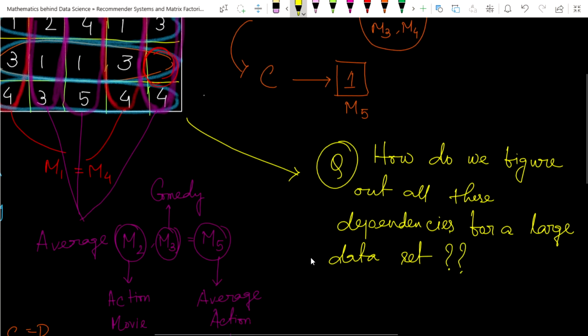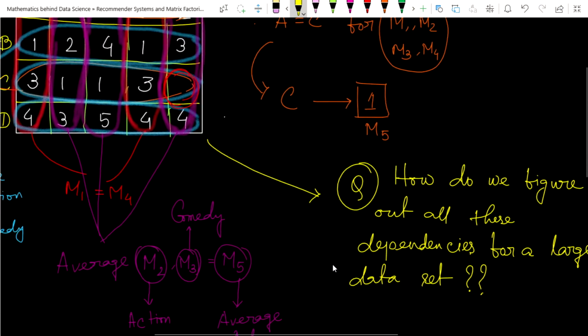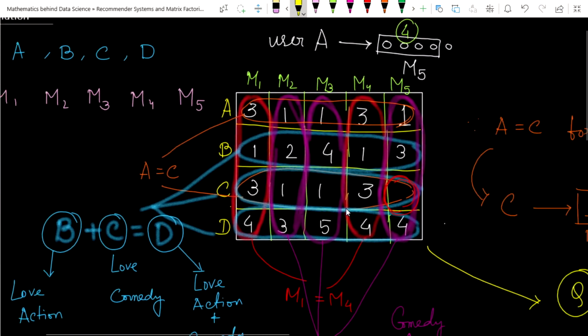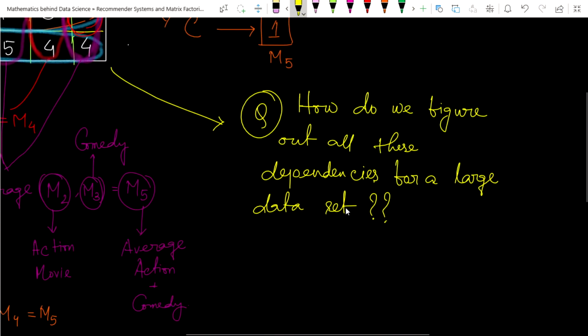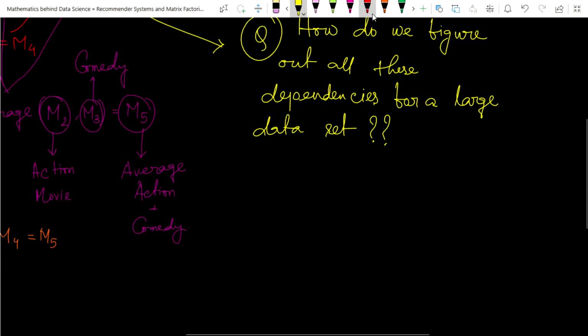That is the question, big questions here. For a small matrix we can easily find out, but for a large matrix, how will we find this out? The answer will be simple. Matrix factorization will give that answer.